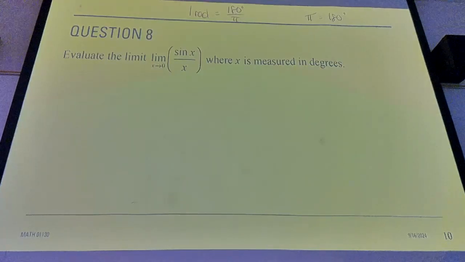So we want to go from degrees to radians. How many radians would x degrees be?